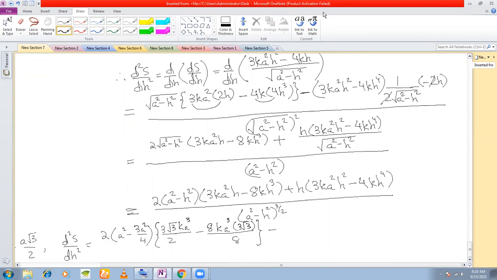Just a minute. So you put it here. This is okay. Plus sign is okay. Plus, when you put h equal to a root 3, then perhaps it will become negative. Anyway, let's put it.